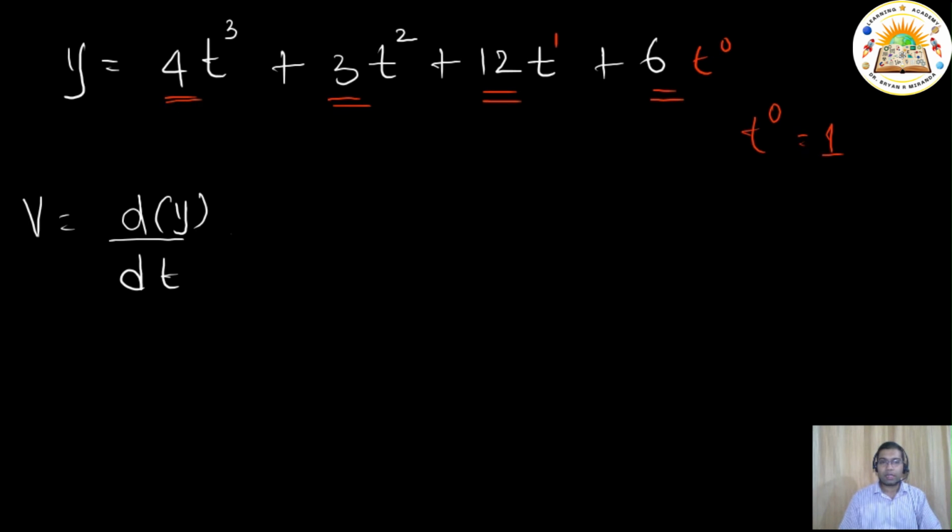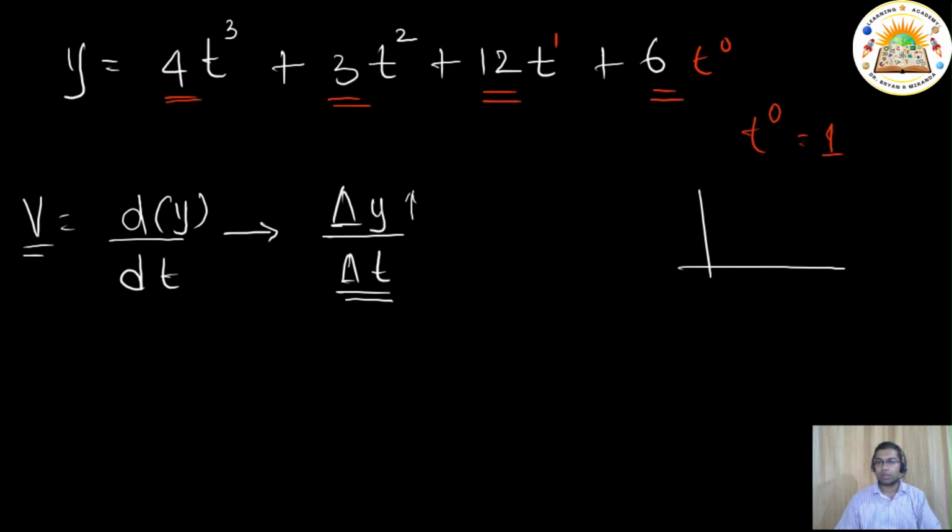The other version of this, which we are familiar with, is delta y by delta t, that is change in displacement with time. If the change in displacement is much higher for a small value of time, we will get a greater velocity. That means effectively we are taking a steeper slope. So in the VT graph, we are taking a graph which looks like this. It has a steep slope.